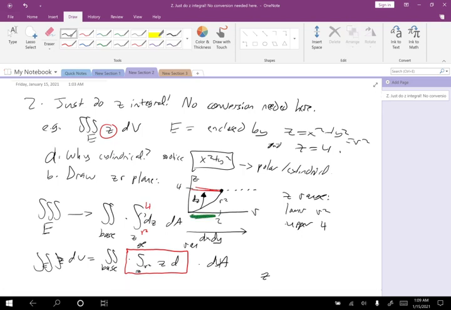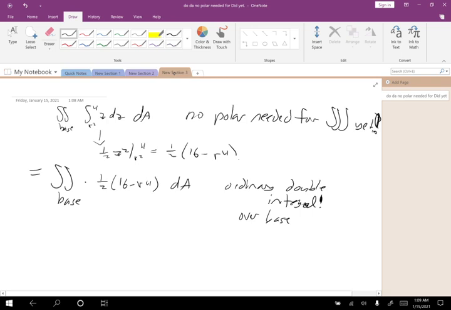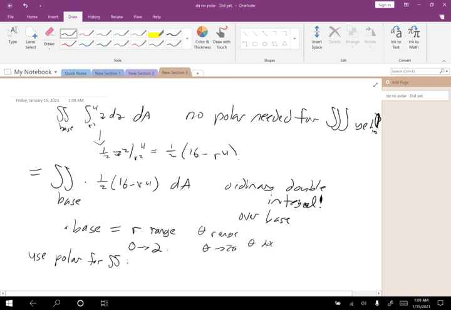So if you want the base, just look at the r range. In this case, it was 0 to 2. So now you can use polar coordinates to do the double integral. And our theta range is just 0 to 2 pi, because theta does not appear anywhere.